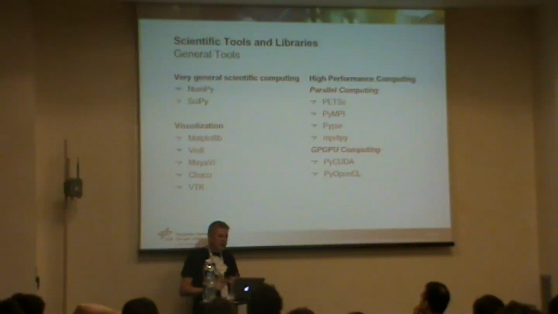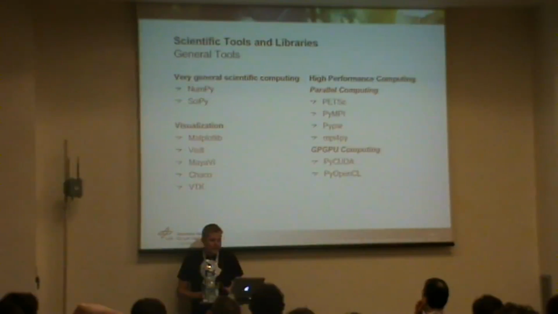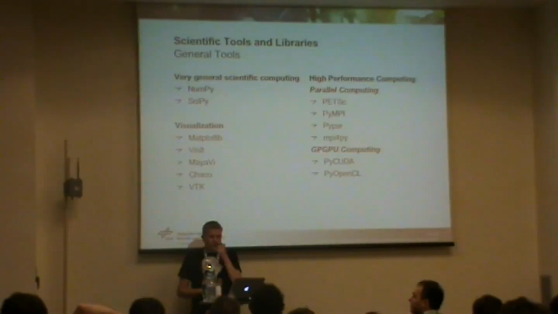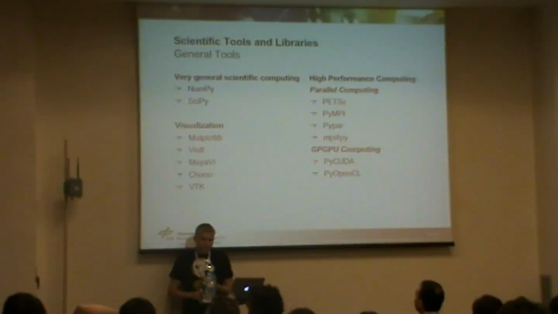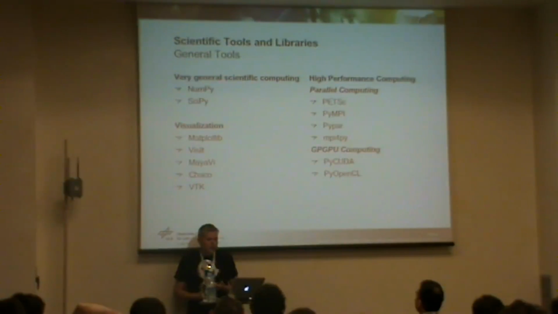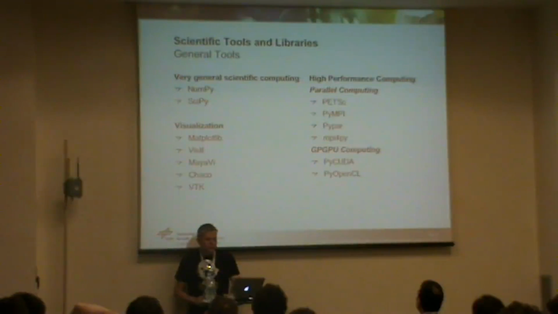Other tools are VTK, Mayavi, Chaco, which are actually implemented in C++ maybe, but have a Python library. And especially for parallel computing, there are systems like PETSc from the National Lab in the US, or PyMPI, PyPar, and PyPy, and GPU programming libraries like PyCUDA or OpenCL.